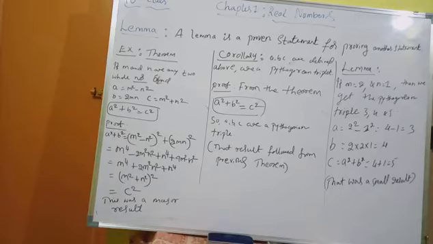Next come to the most important definition, real numbers. What are real numbers? The symbol used to represent real numbers is R. Rational numbers and irrational numbers taken together are called real numbers. Thus, every real number is either a rational number or an irrational number.